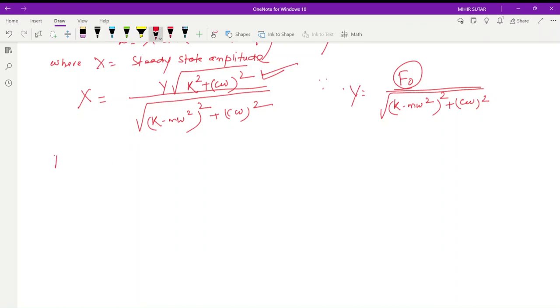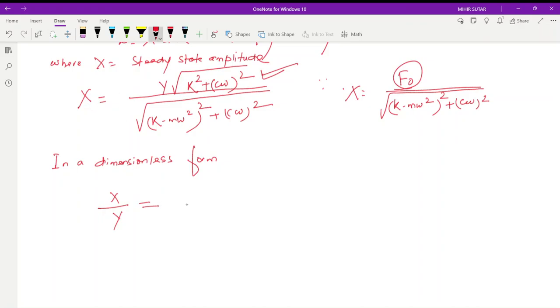So in a dimensionless form, we have X by Y. So X by Y will come to the left hand side.